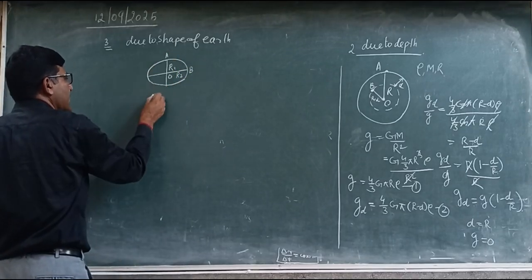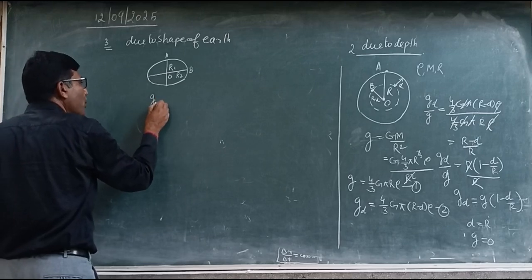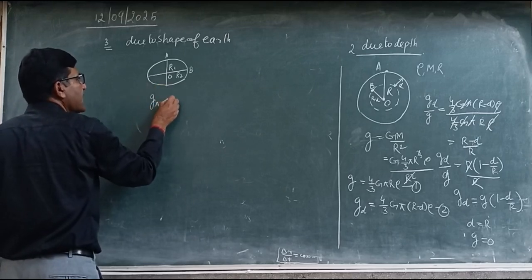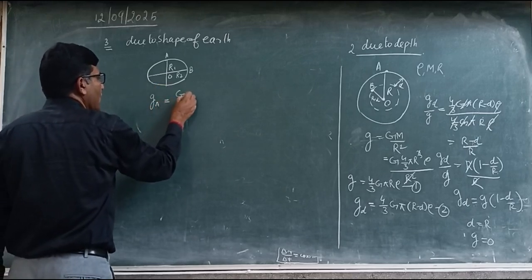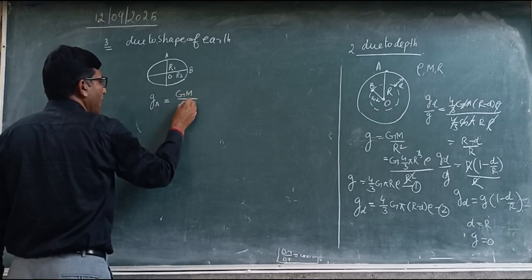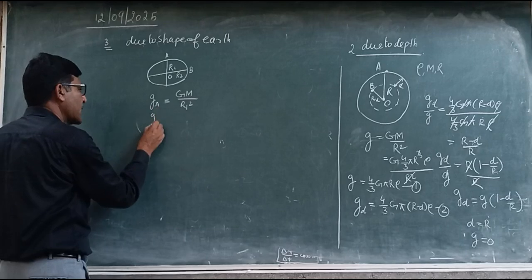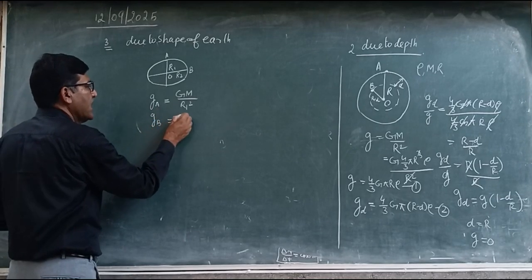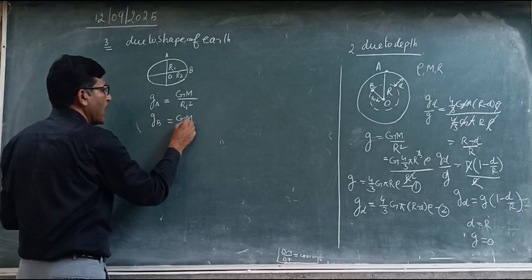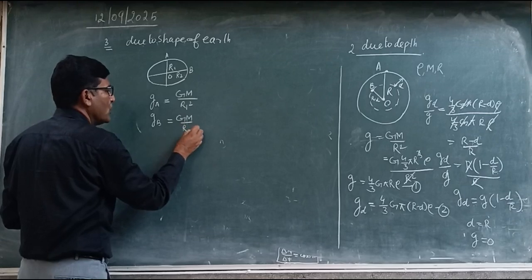So the acceleration due to gravity at pole A, you can write down, is equal to G m upon R1 square. Now let the same object be taken to point B. So the acceleration due to gravity at point B will be equal to G m upon R2 square.